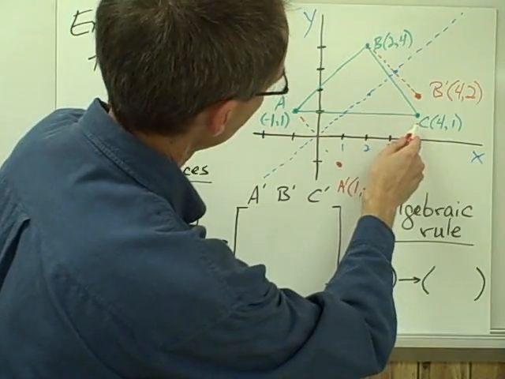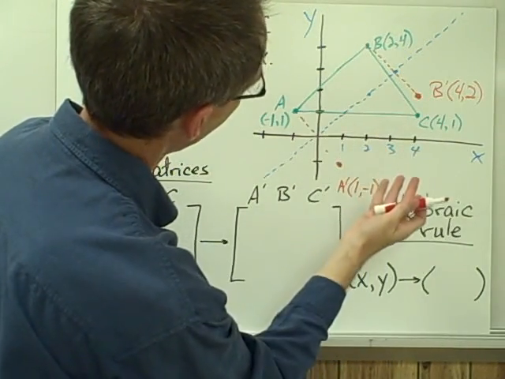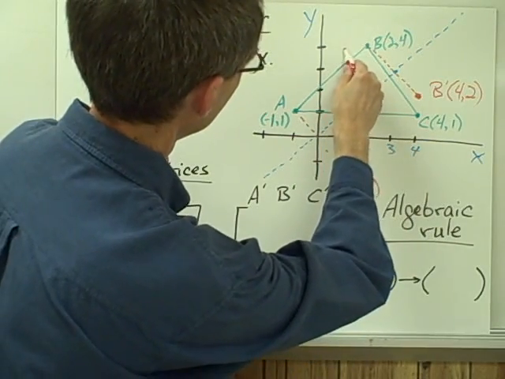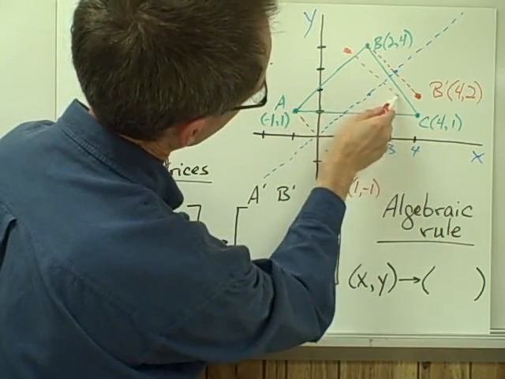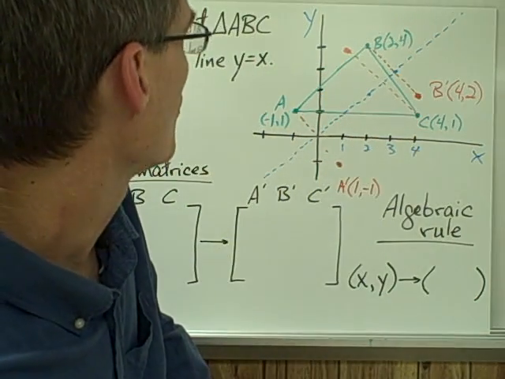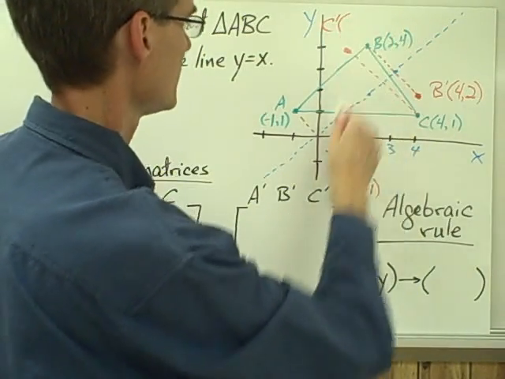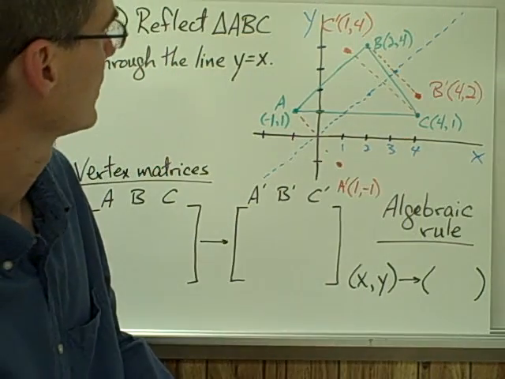And now C starts at this point. I want to reflect that across my line, and this is going to go to the point 1, 4. So C prime is going to become 1, 4.